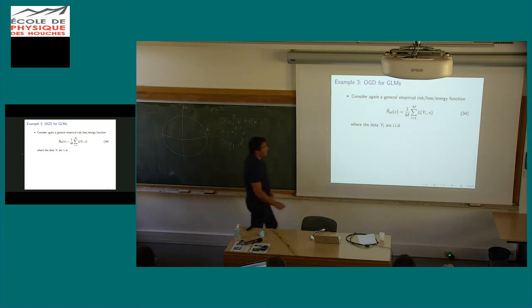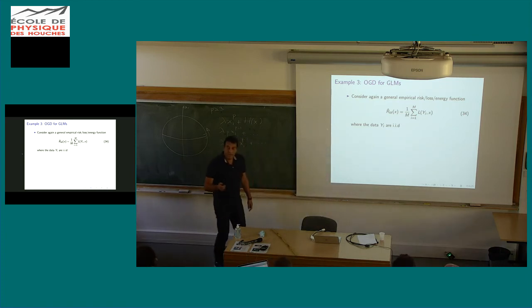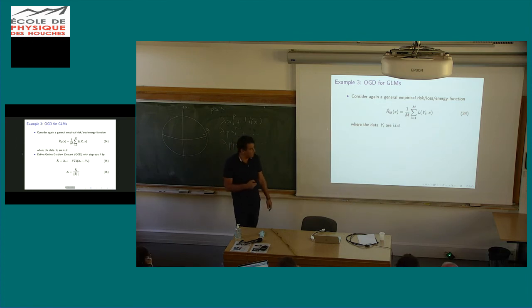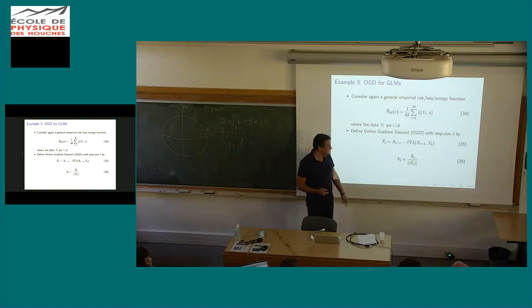Okay, so let's see what happens now. So again, I said all the difficulties we had were to understand the complexity of general models. But this optimization thing is, in fact, very general. And so let's describe this. Here I take the simplest of all algorithms, online gradient descent, given here.